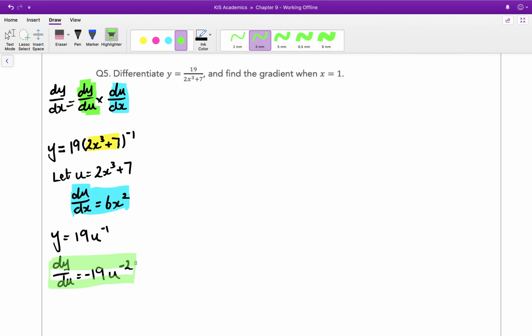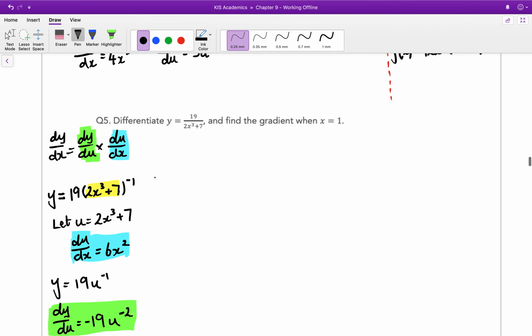And then once we have dy du and du dx, all we need to do is multiply them together. So dy dx is equal to dy du, so -19u to the power of -2 times 6x squared. Dy dx is equal to -19 times 6, which is -114, times x squared times u to the power of -2.